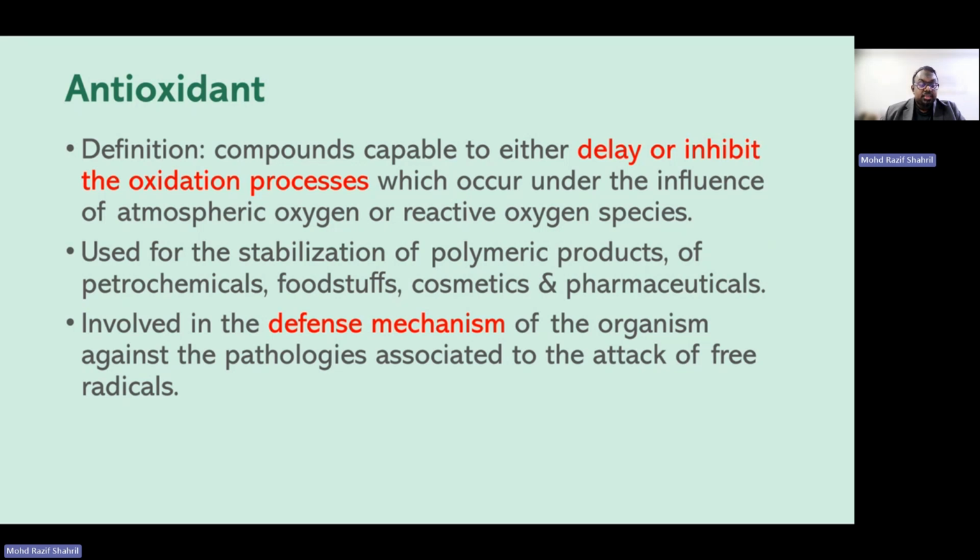Because of this protective capability, they are widely used for the stabilization of various products, not just foodstuffs, but also polymeric products, petrochemicals, cosmetics, and pharmaceuticals. In the human body, they are heavily involved in defense mechanisms against pathologies associated with attack of free radicals.